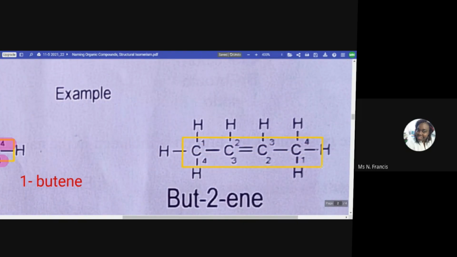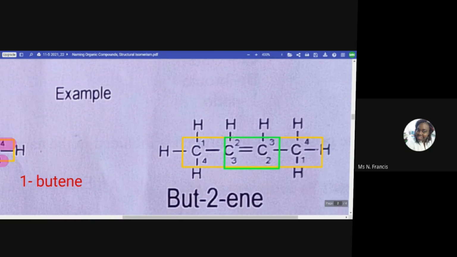However, let's say student B chooses to put the double bond in between these 2 carbon atoms instead. Where is it falling? Look at the numbers. I have 2, 3, 2, 3. I am to write the lowest number.